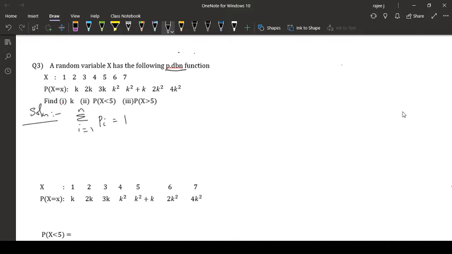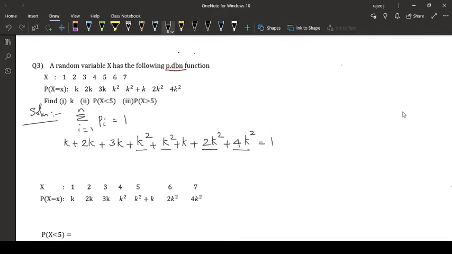So for that I am adding all these: k plus 2k plus 3k plus k square plus k square plus k plus 2k square plus 4k square. Just add all those probabilities, that is equal to 1. Now when you add this, we have 1k square, 2k square, 4k square.